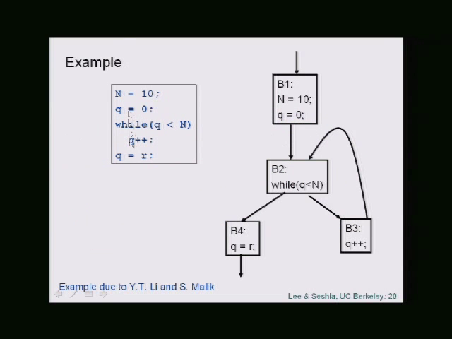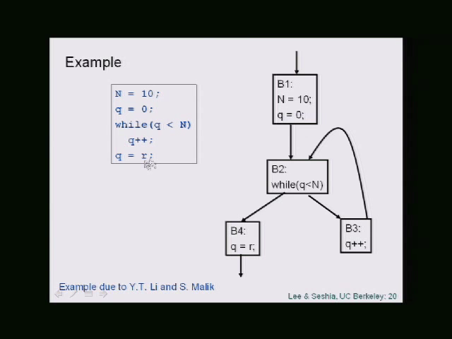So now the first thing we'll do is introduce variables to stand for the number of times each node and each edge is executed in the program. Let d1 be the number of times you enter basic block b1, and d2 is the number of times you exit basic block b1. Of course, we can look at this program and say d1 is going to be 1 and d2 is going to be 1.